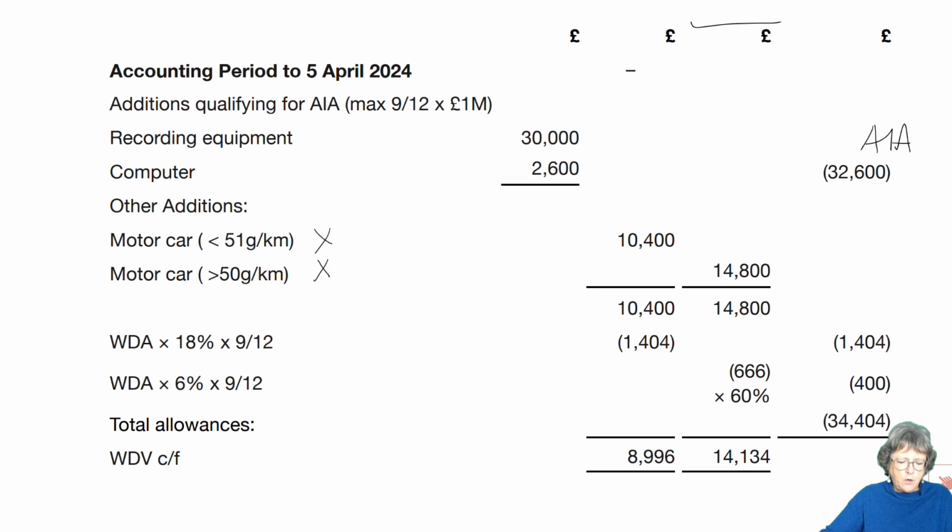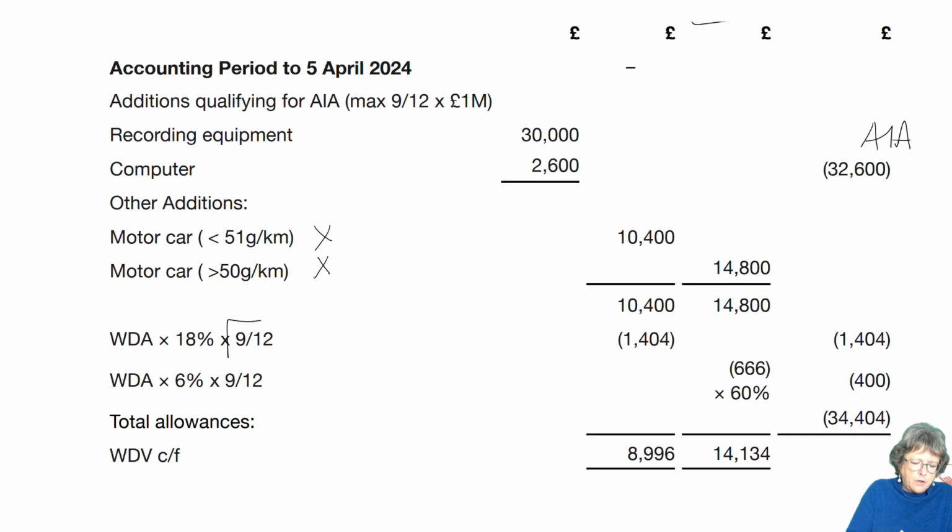We work out, again, the pro-rating. They will give you this in the exam, so make sure that you check and recheck that you've got it correct. 18% on the main pool, 6% on the car, because if it hadn't been a private use asset, it would have gone in the special rate pool.